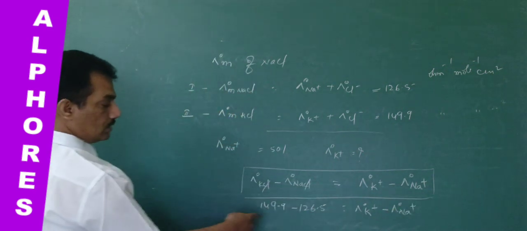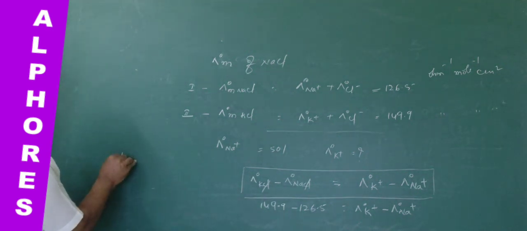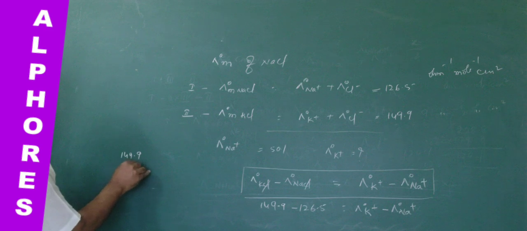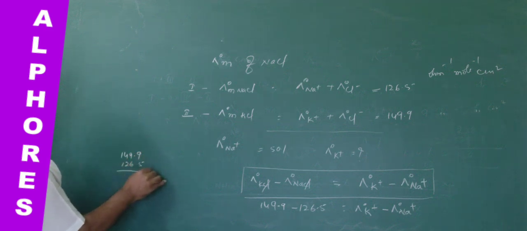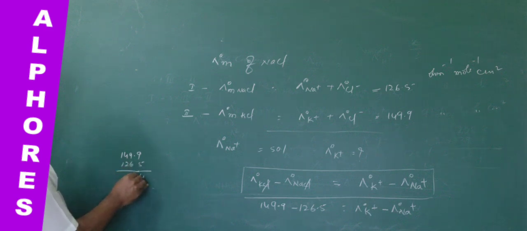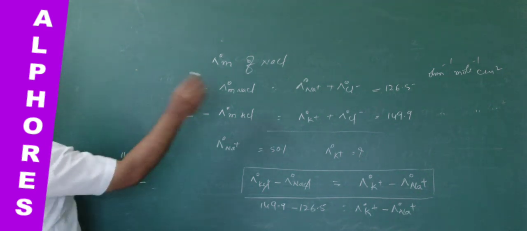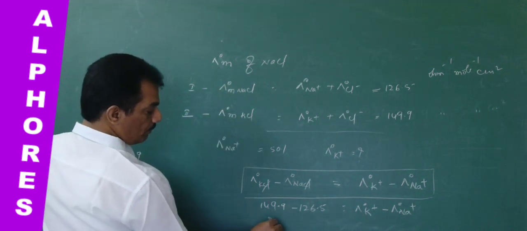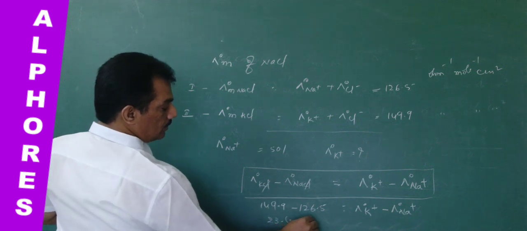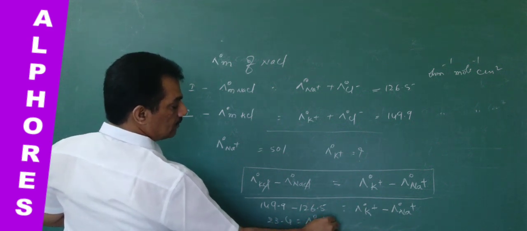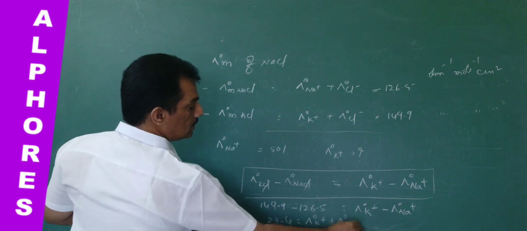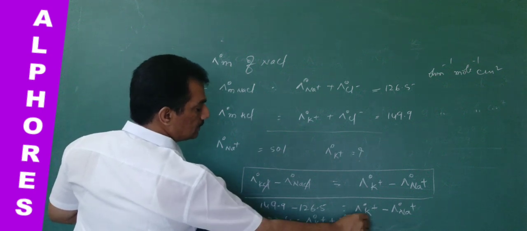And now on rearrangement, 149.9 minus 126.5, it is 4, and now we are getting 3 and it is 2, so 23.4. So 23.4 is equal to lambda naught K plus minus lambda naught Na plus.